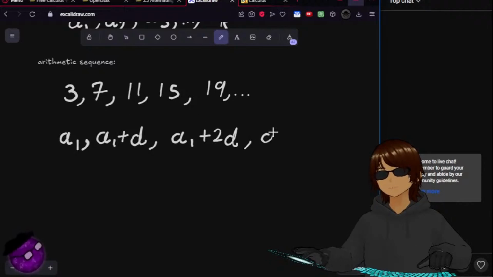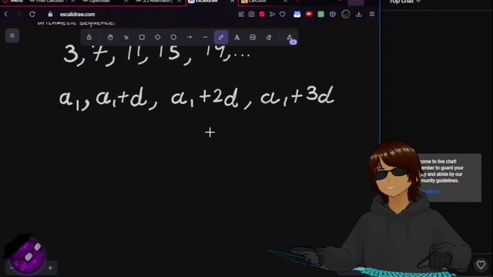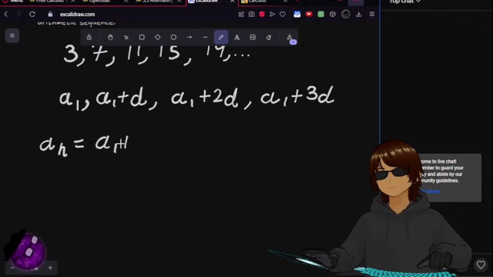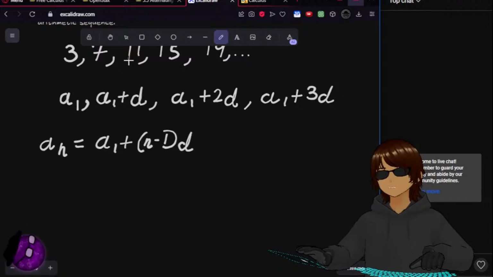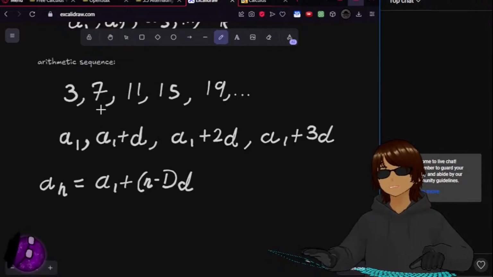And then the next one would be written as 3D and so on. So for a particular term, an, it would be equal to the first term plus n minus 1 d. This is the formula for a particular term in a sequence. And if it follows this pattern where a constant is being added, then it's called an arithmetic sequence.